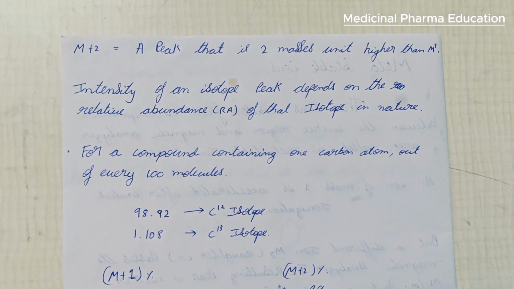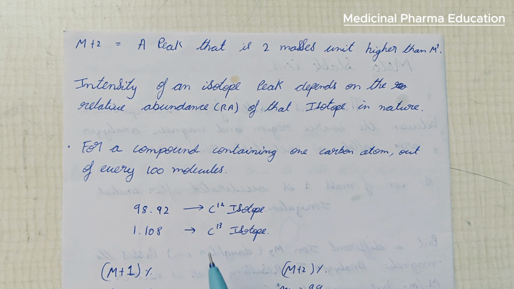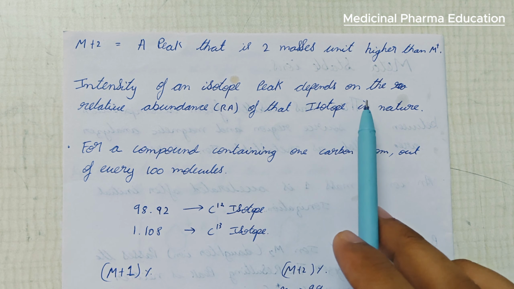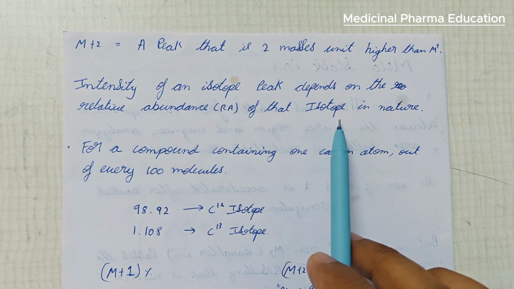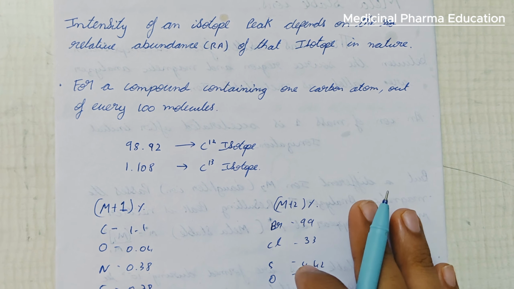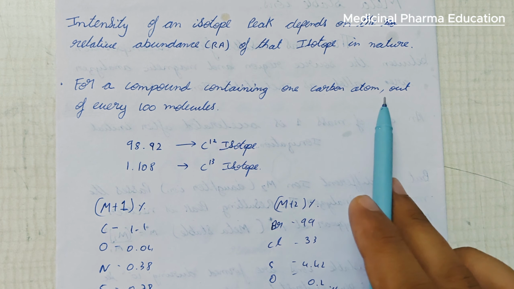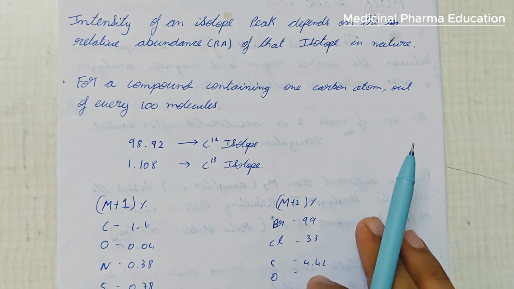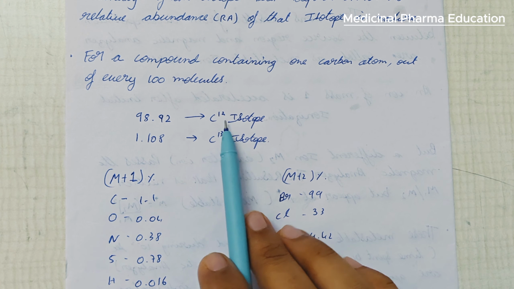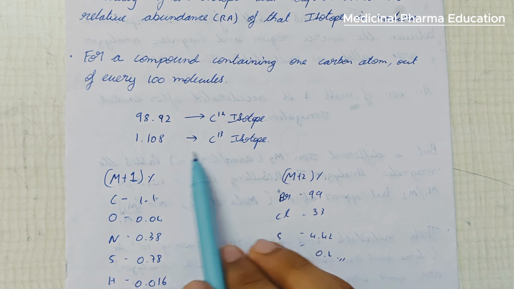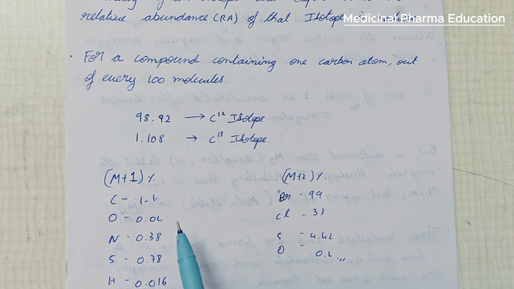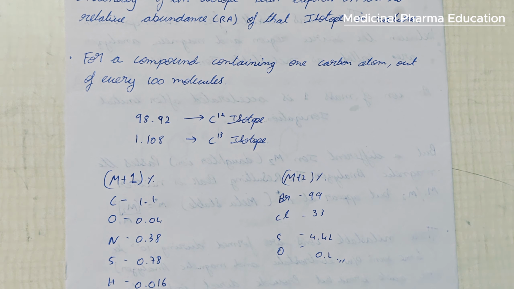These are called isotopic peaks. Intensity of isotopic peaks depends on the relative abundance of the isotope in nature. For a compound containing carbon, see here, C12 is 98.92% in a molecule, but C13 isotope is 1.08%. If it is present, it causes isotopic peaks.